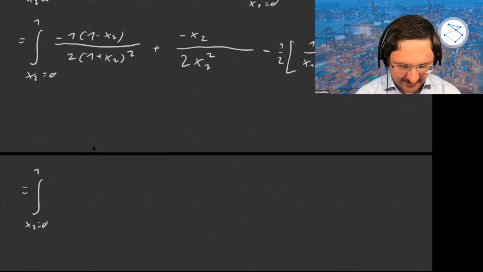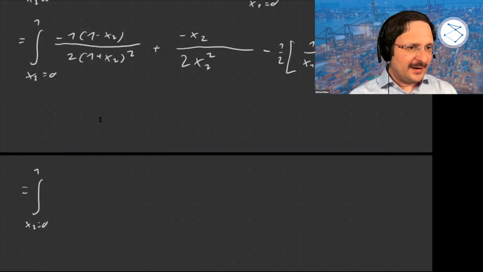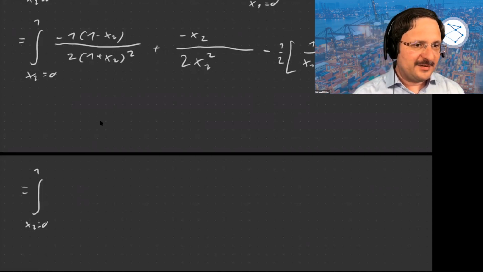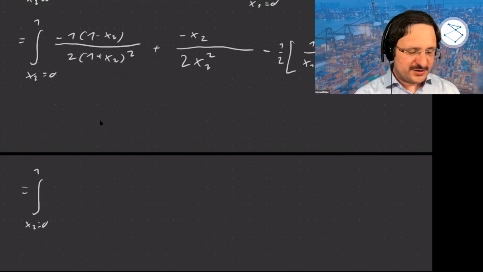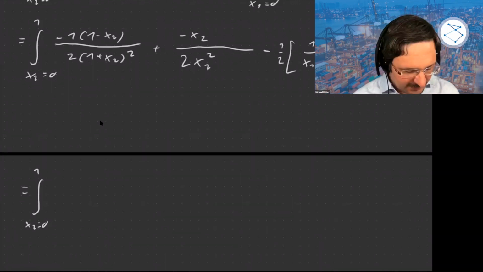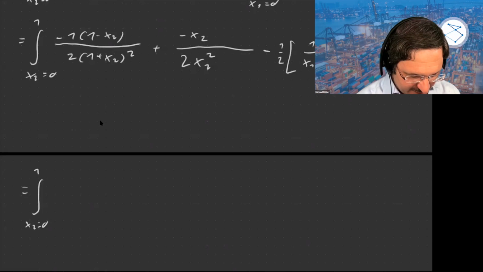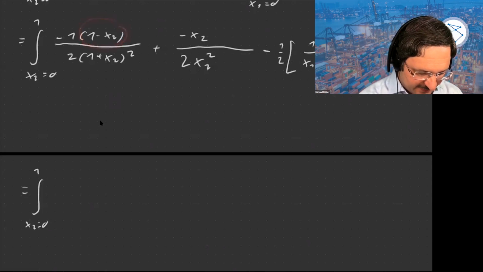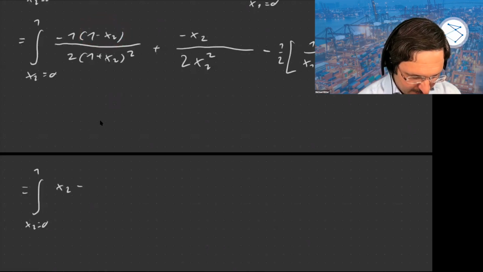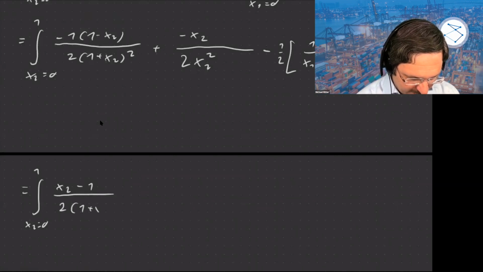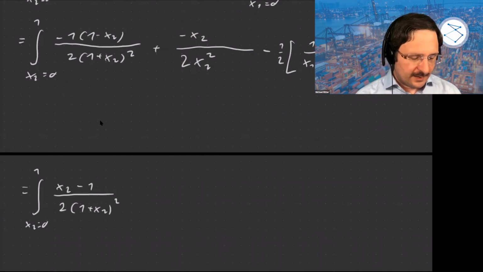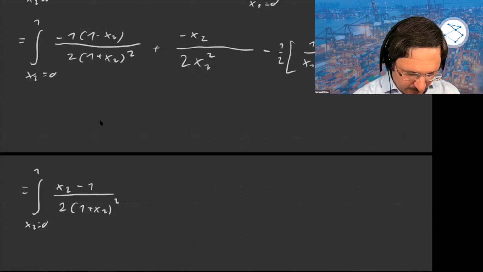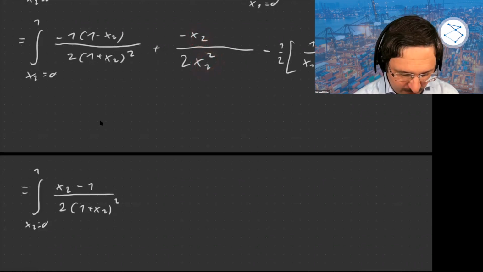Again, let's copy that outer integral sign here. Let's see what we can do to simplify this a little, possibly. So first, this first expression here, we can take in the minus. That's (x2 minus x1) over 2(1 plus x2) squared. Then here we can cancel out one x2.